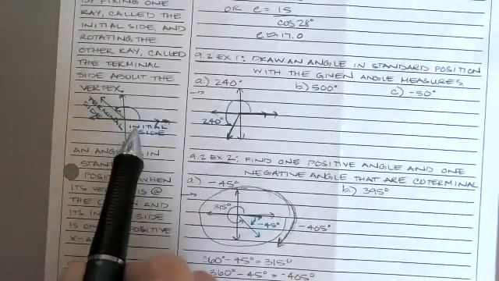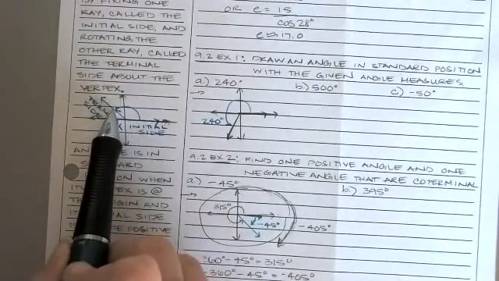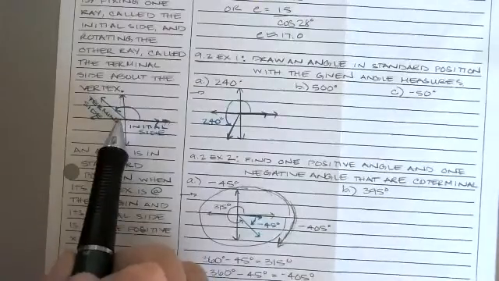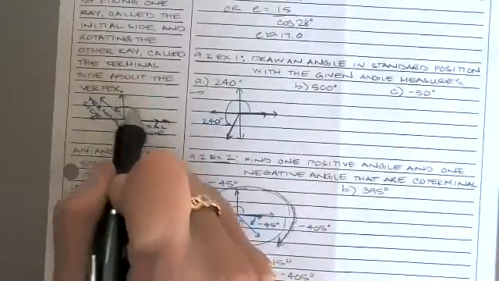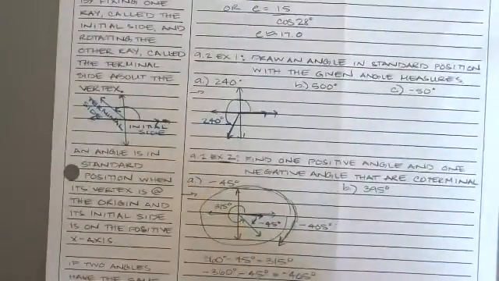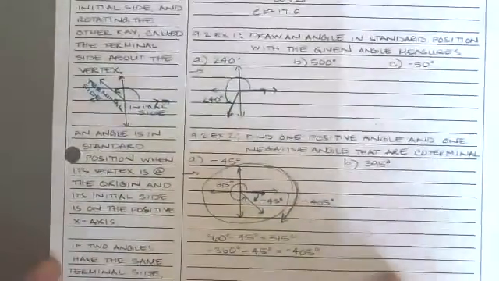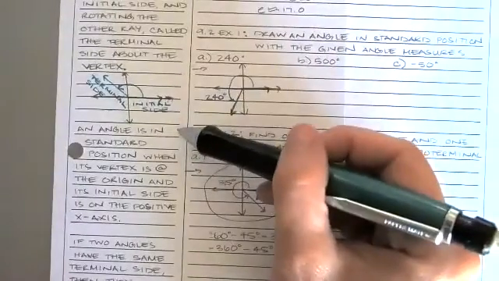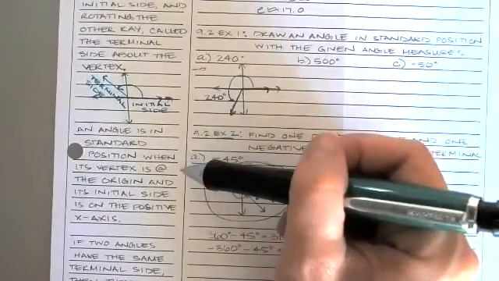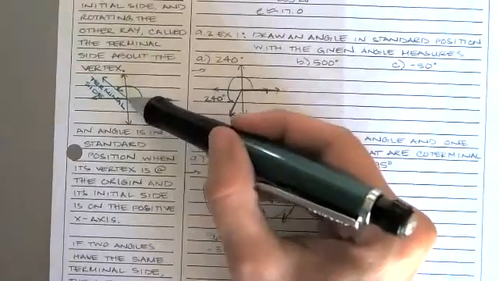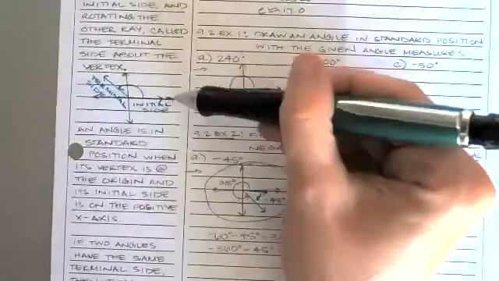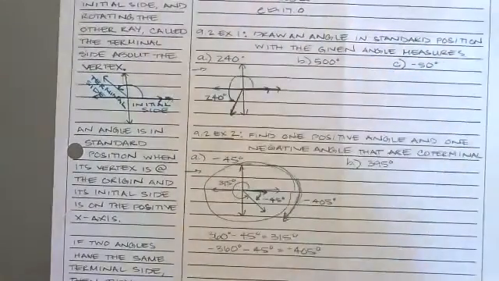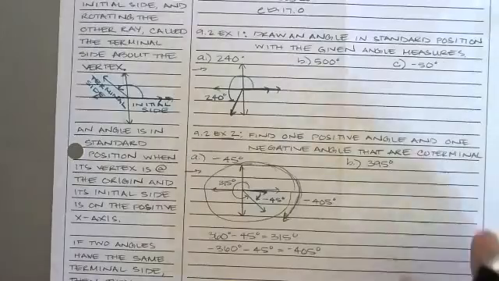And when we're counting angles, we count counterclockwise. So this is the terminal side, about, I don't know, 120 degrees or so, 130. An angle is in standard position when its vertex is at the origin, right there, and its initial side is on the positive x-axis.